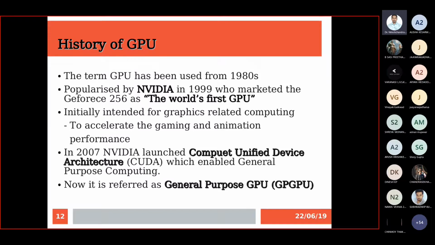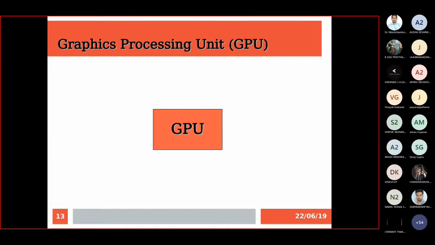Sorting, searching, or any general computation in the scientific and engineering domain can be deployed on this GPU. Since then, the GPU is widely referred to as General Purpose Graphics Processing Unit, or GPGPU. Earlier it was intended only for graphics related computations, but nowadays it can be used for any type of computation which demands huge computing power.